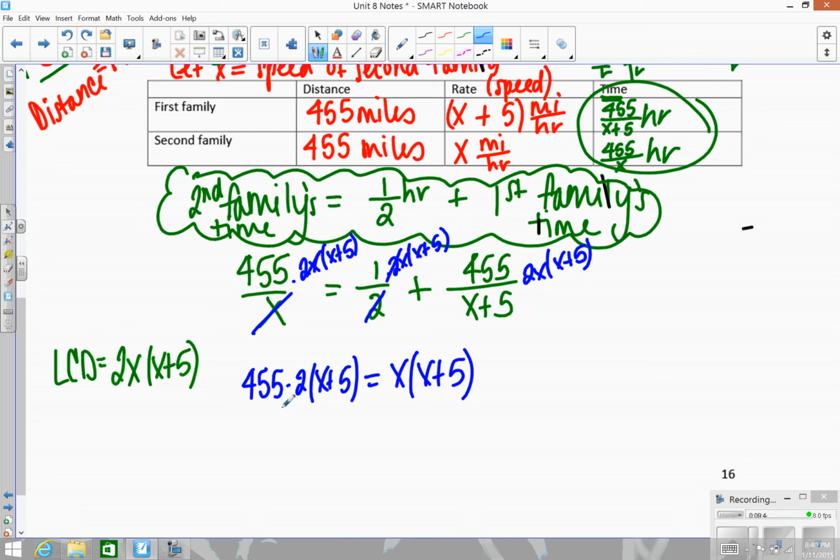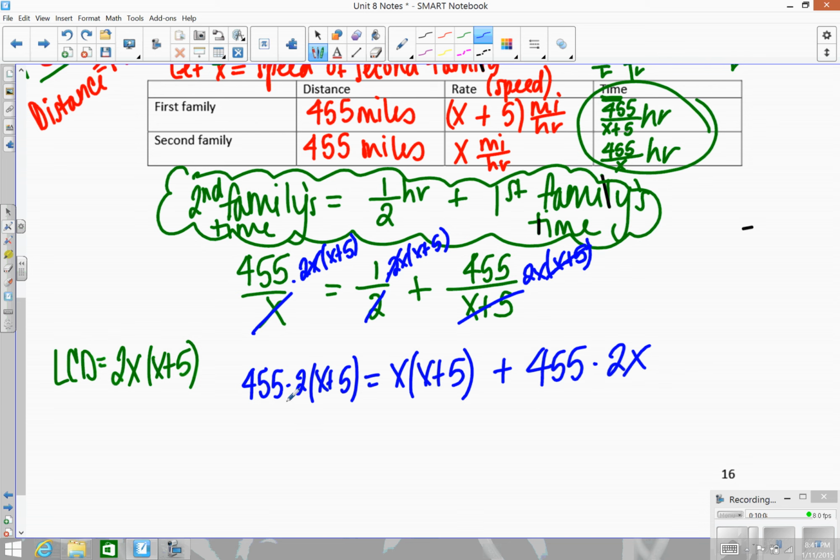I'm actually doing a little bit more work than I have to just to make sure that you're seeing where I'm getting these numbers from. I could have just gone ahead and done the distribution, but I'm going to wait on that. So I cancel out the x plus 5's. Again, I have 455 times 2x. Now I can combine things here.